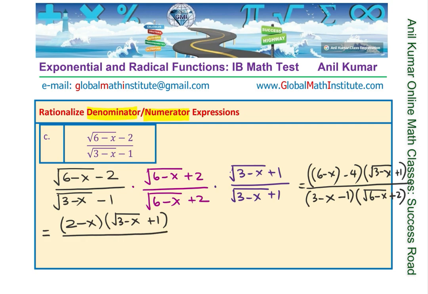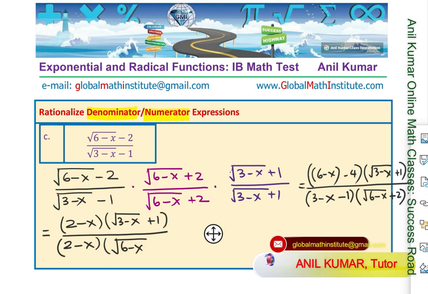And in the denominator, what we have here is that we have multiplied square root 3 with its conjugate. 3 minus x minus 1 will give us 2 minus x, right? And in the radical, we have square root of 6 minus x, and that is plus 2, right? Perfect. So as you can see, we could now cancel 2 minus x.